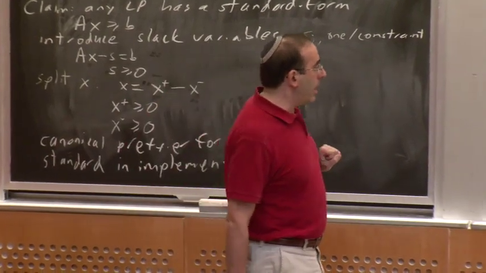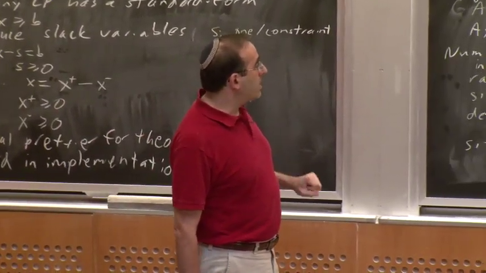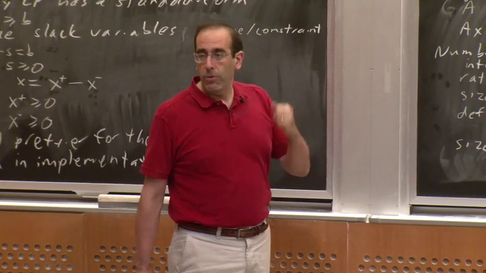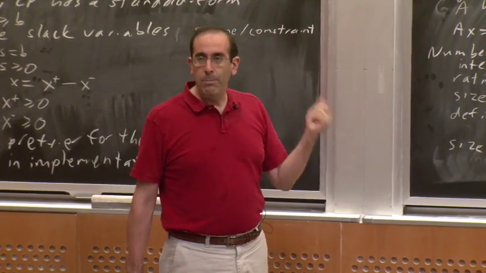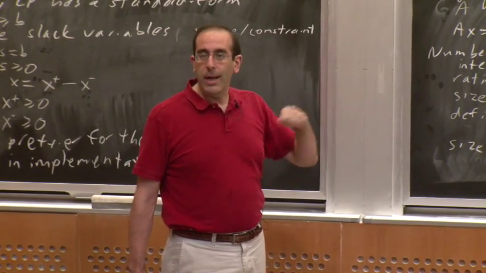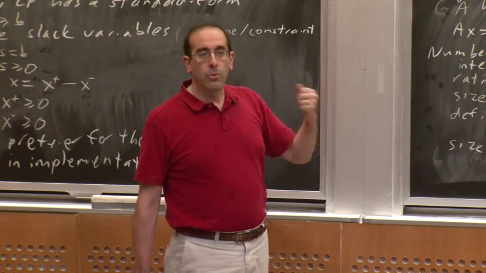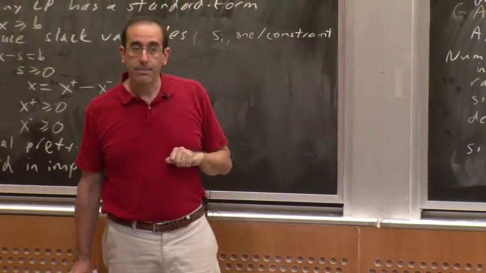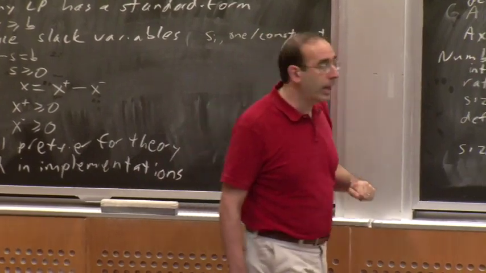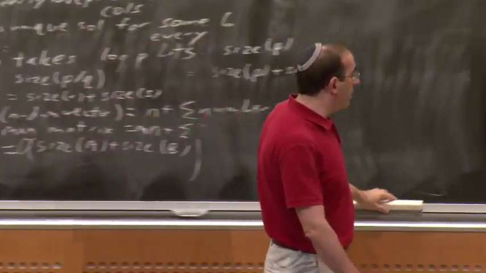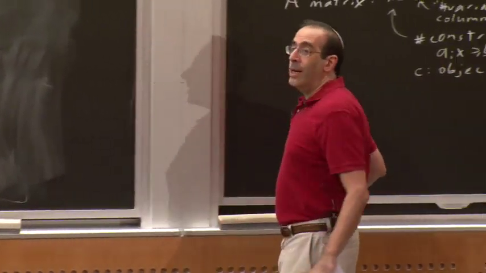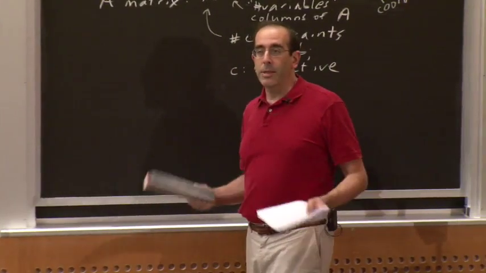So with this as a framing, now if we ask if we can write down the answer, again, before we get to computation, how many bits are we going to need to write down the answer to one of these systems of linear equalities? Okay? We're going to have a lot of trouble talking about polynomial algorithms if we need an exponential number of bits to write down the answer.